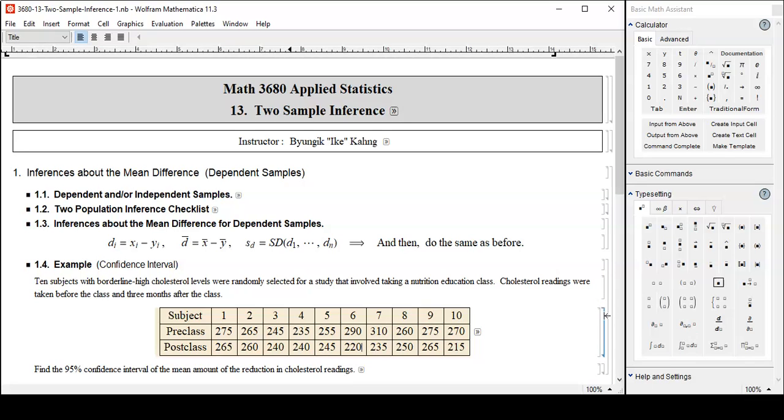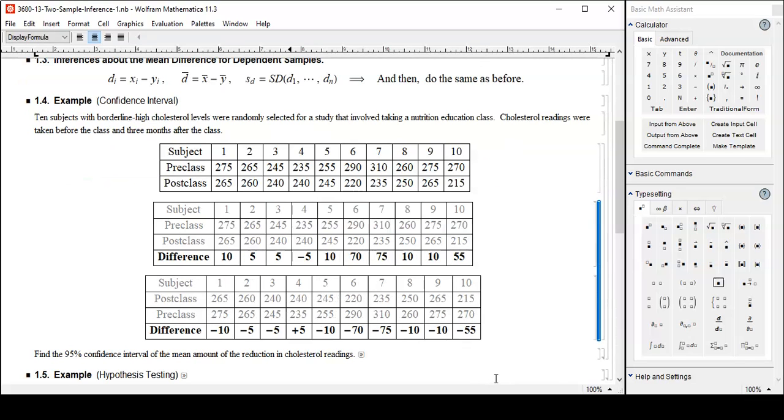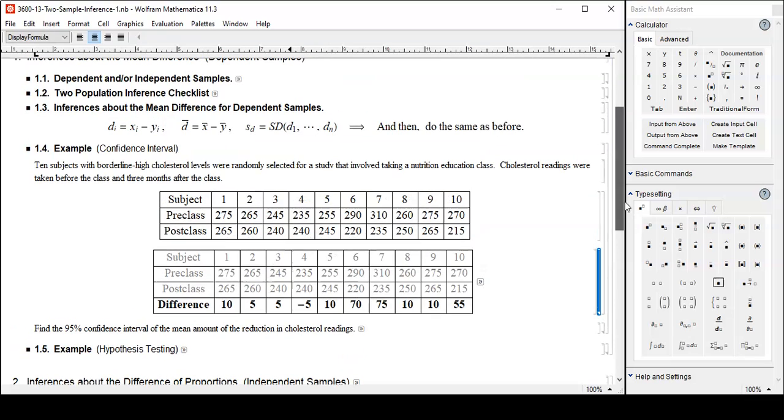Now, the key here is we can simply pair up all those data, pre-class and post-class, and simply take the difference. Like this, pre-class minus post-class, or the other way around, post-class minus pre-class. Either way, it will work out. And consequently, we just get a one-sample inference.